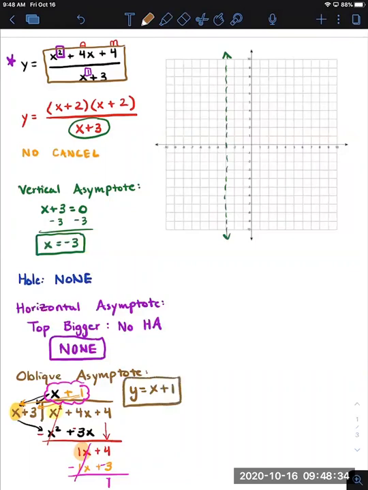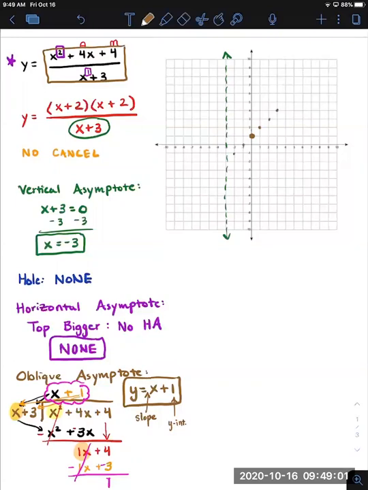And we can put that on our graph. The plus 1, that's my y-intercept for the asymptote. So I just put a little dot at 1 right there. And then the number in front of x, that's the slope. There is not a number there, so we can assume that it's 1. So I need to go up 1 over 1, up 1 over 1, up 1 over 1.